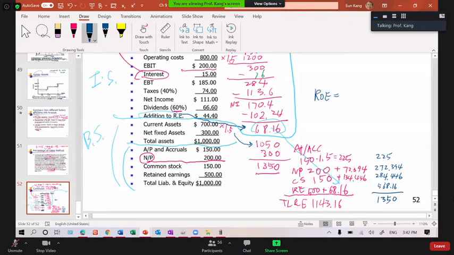Number wise, what over what? Anybody? So you said net income over equity. So what is the number? What over what? So you should be able to pick up the number.